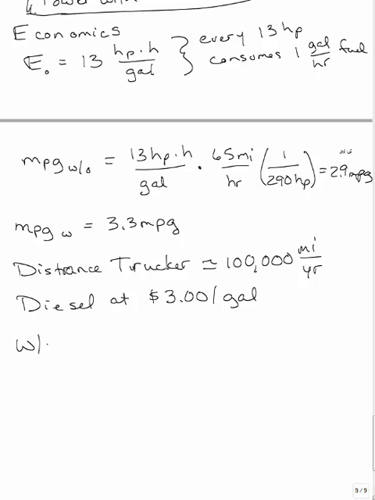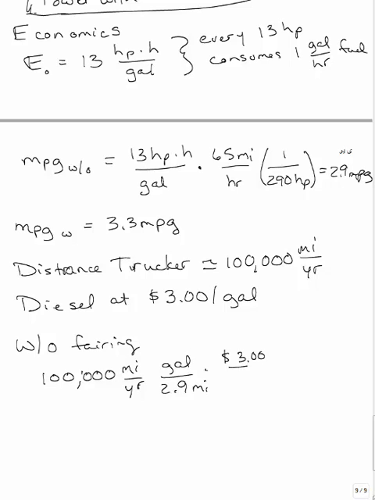But without the fairing then, 100,000 miles per year times 1 gallon for every 2.9 miles times $3 per gallon equals $103,000 per year.